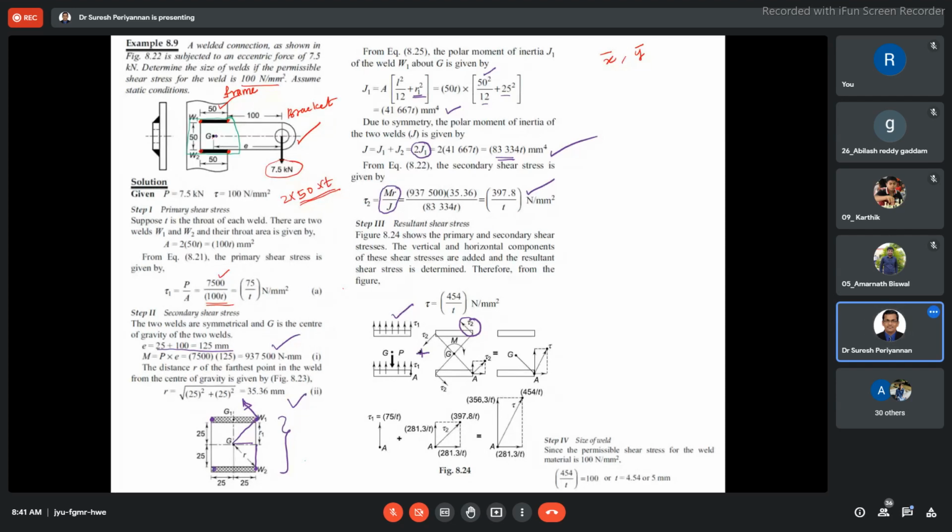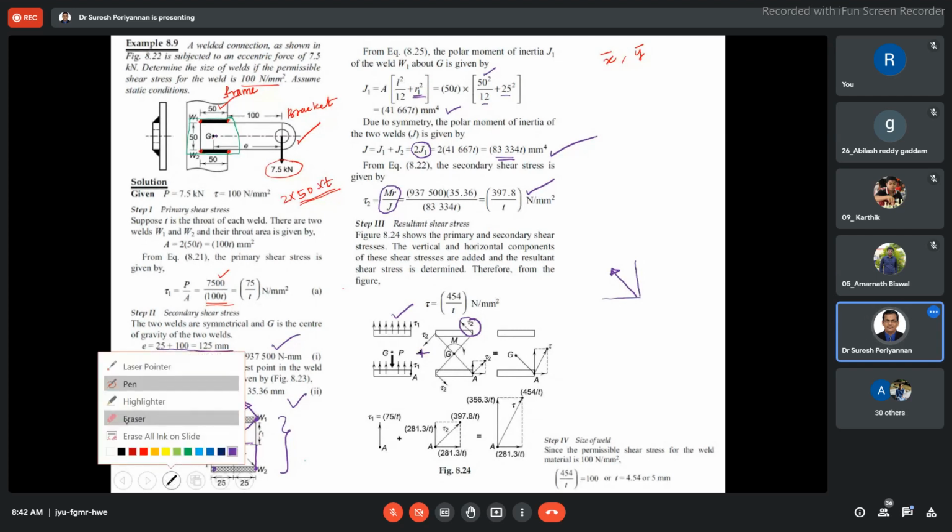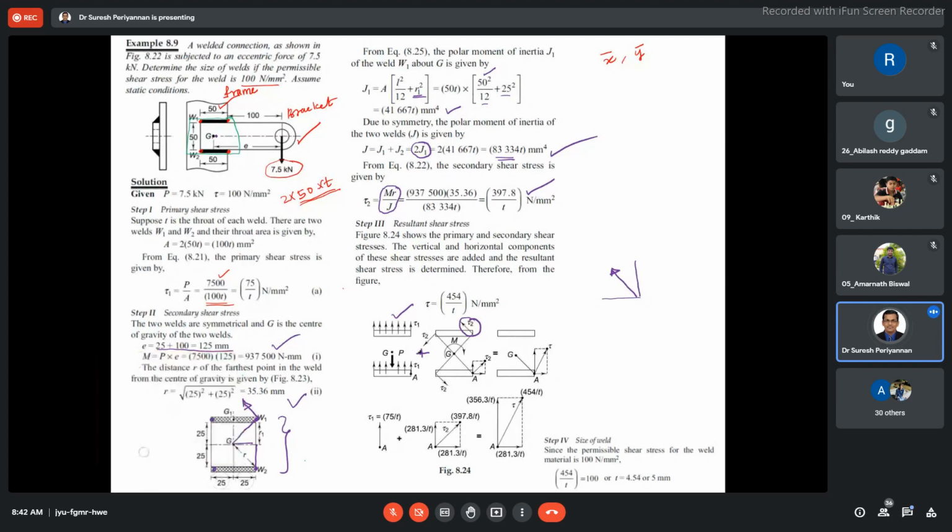Now this is my resultant direction. Then what are the vertical component and the horizontal component of tau 2? Now, very easy. This is the horizontal component, this is the vertical component, right? Because the two welds are identical and of the same dimension, and the center of gravity, x bar and y bar, is also the same.